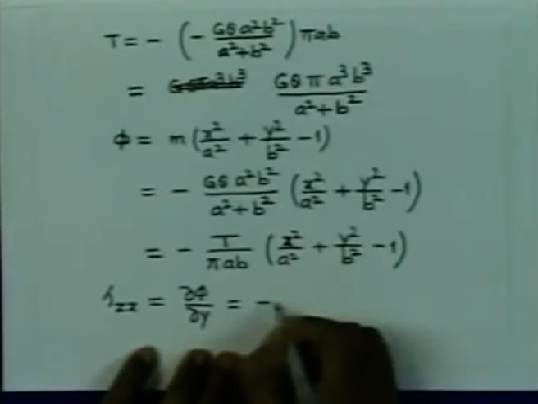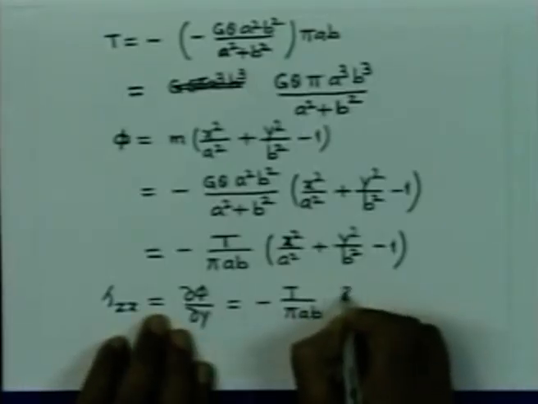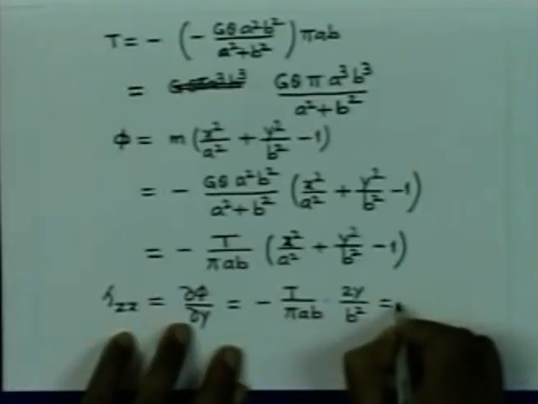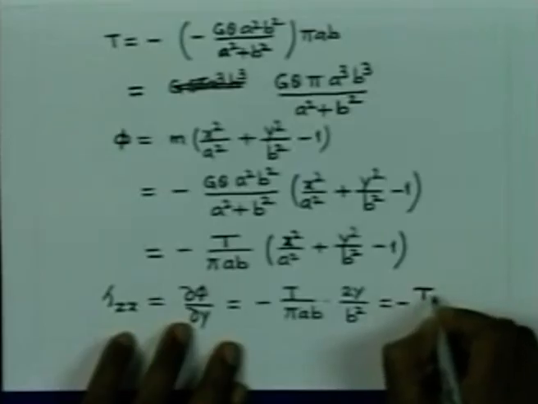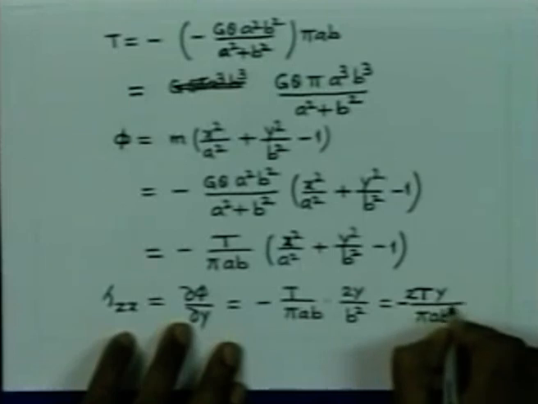This is nothing but t by pi a b into 2y by b square. So, this is minus 2 times t into y by pi a b cube.